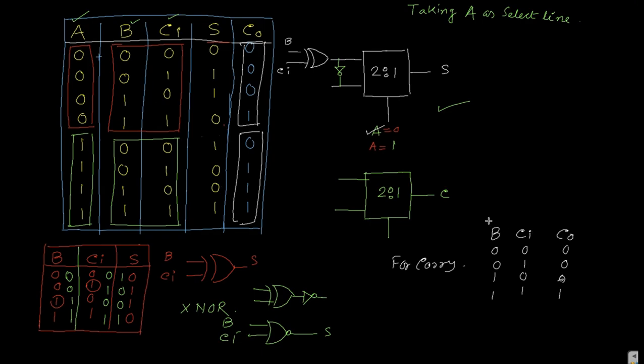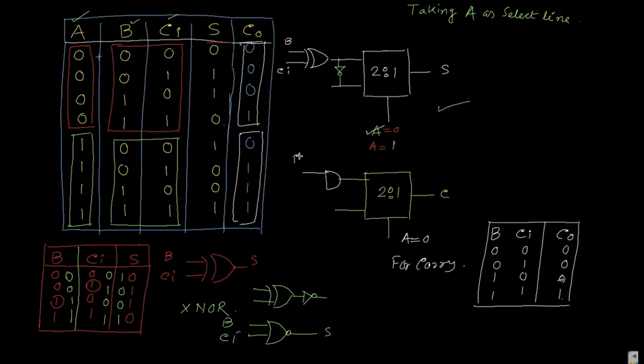So clearly you see that this is nothing but a circuit for an AND gate. When both the inputs are high, then the output is high. So it is nothing but an AND gate. So for A equal to 0 select line, we have to draw one AND gate over here.